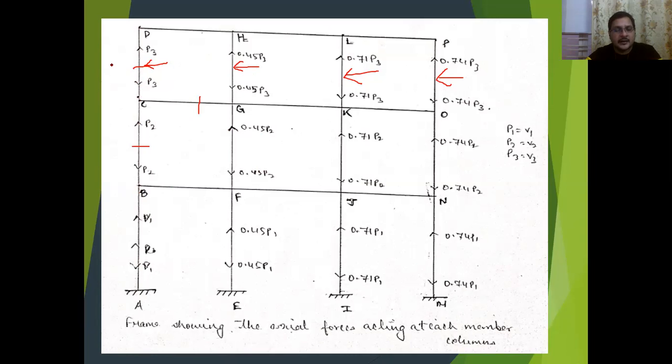So whenever we are considering the forces, the horizontal shear of the top floor will be just the opposite.